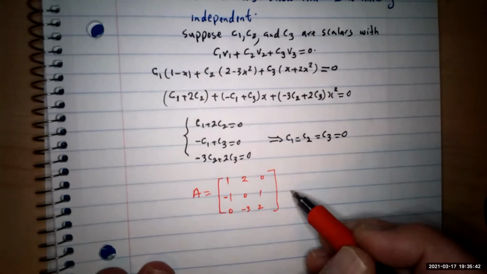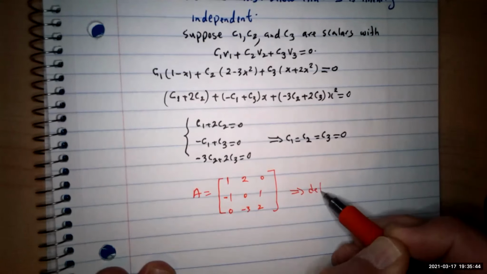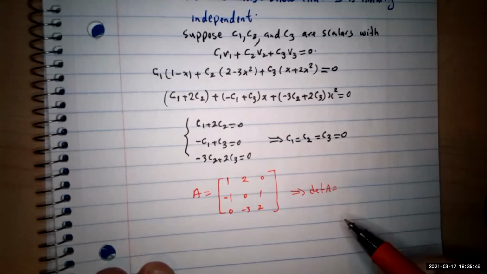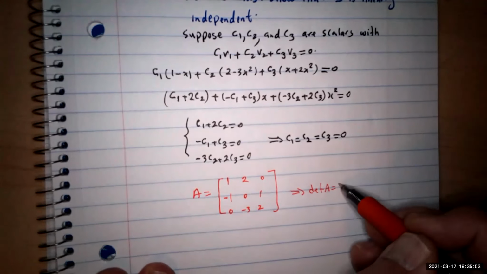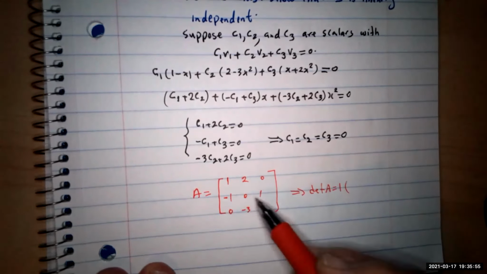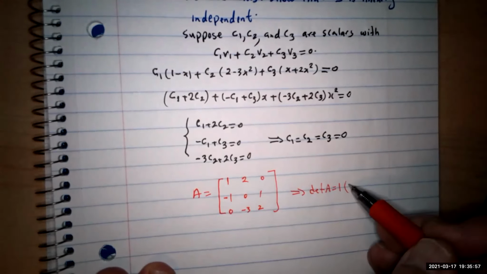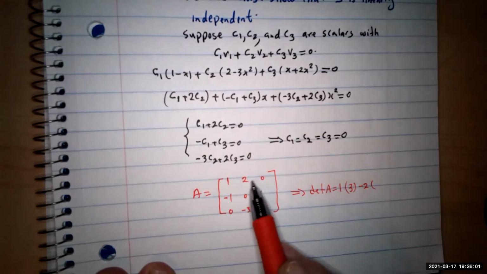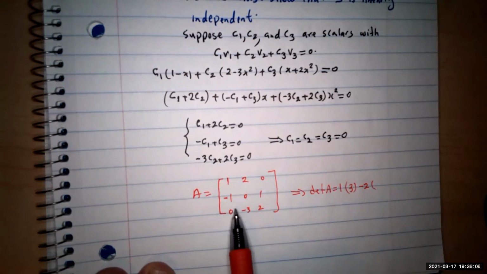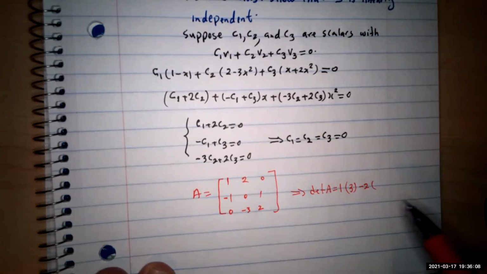You find the determinant of this matrix. The det of A can be seen easily not to be 0. Eliminating the first row, that gives you a -2 minus 0, which is -2.